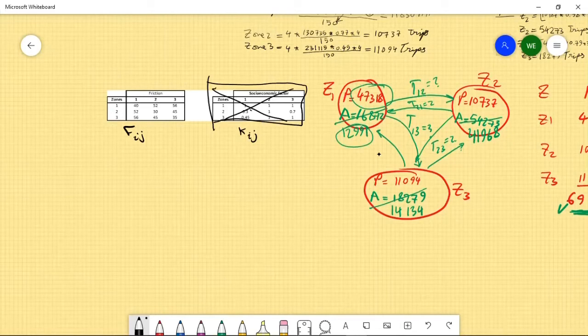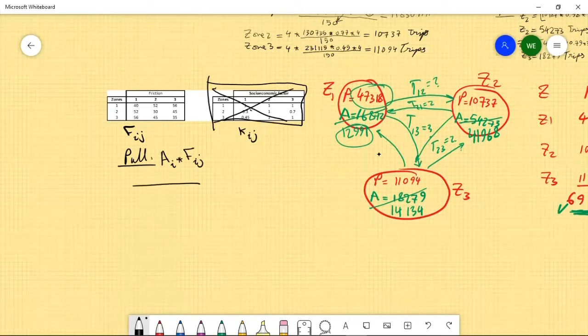Let's just solve the simplified version, with just friction. So let's calculate the pulling from each zone to the other zones. The pull is basically the attraction multiplied by the friction.